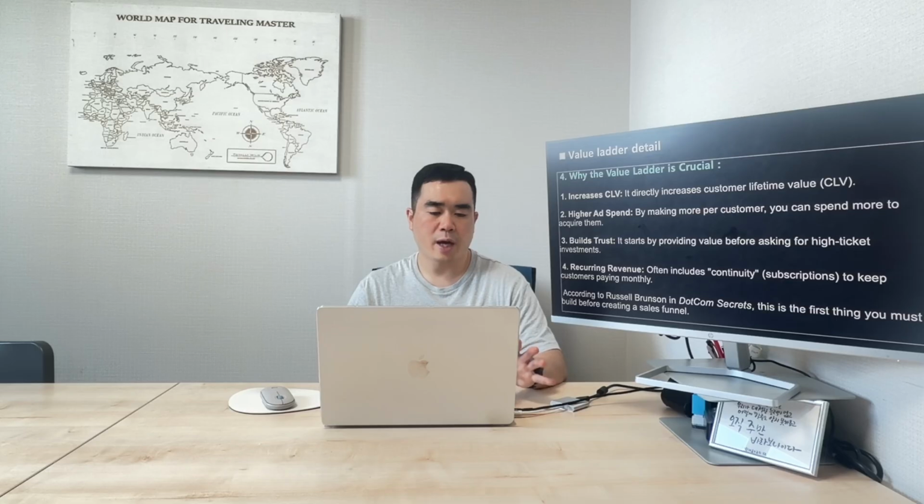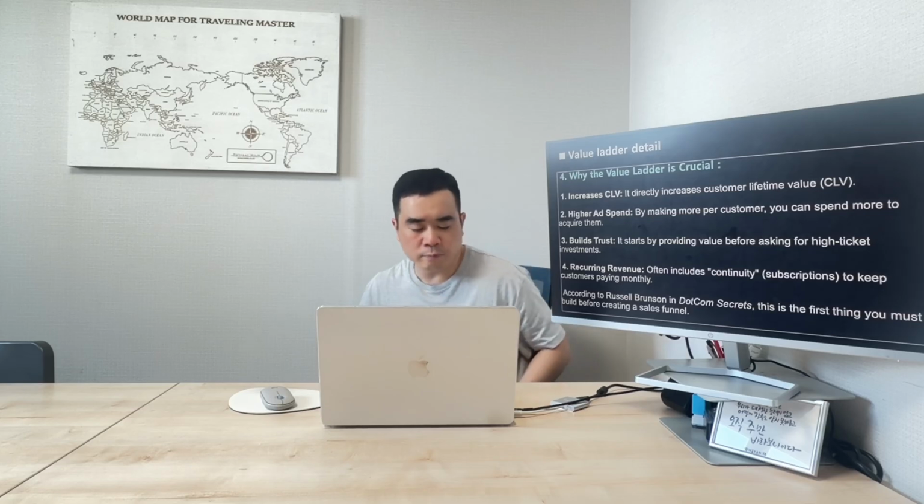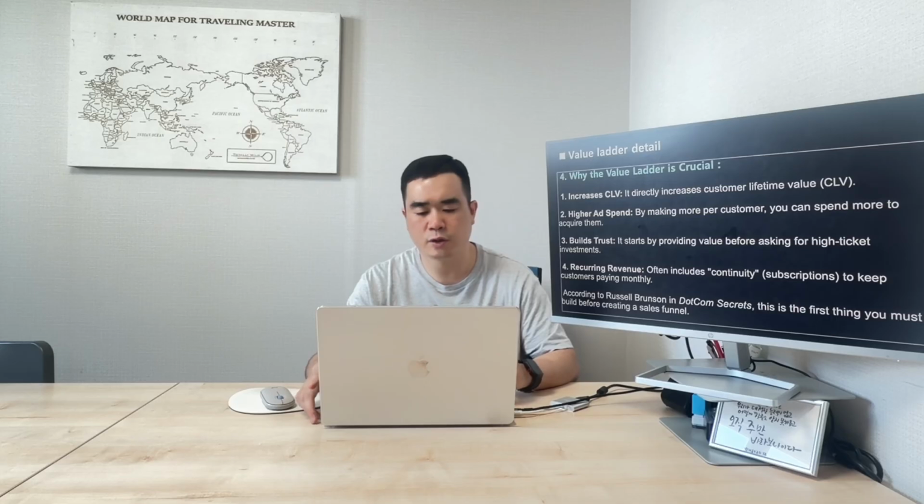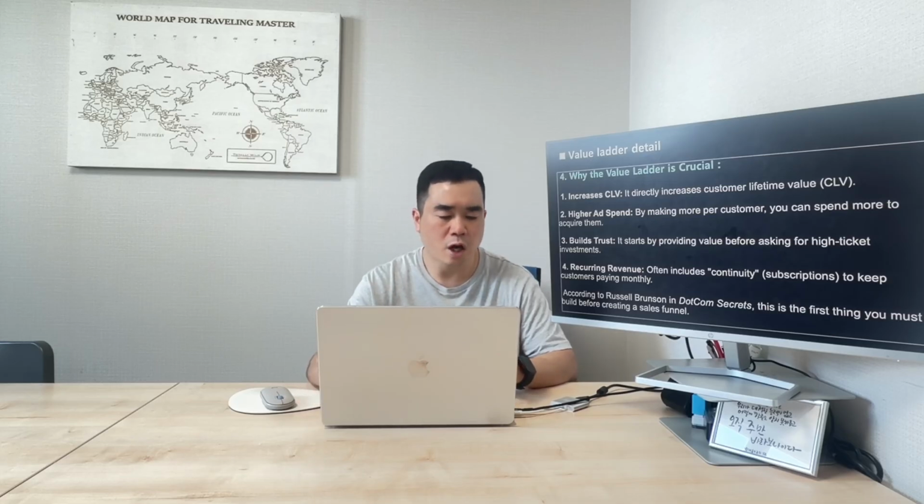The third is building trust. It starts by providing value before asking for a high-ticket investment, so you can build trust between the customer and you. And recurring revenue often includes continuity subscriptions to keep customers paying monthly.